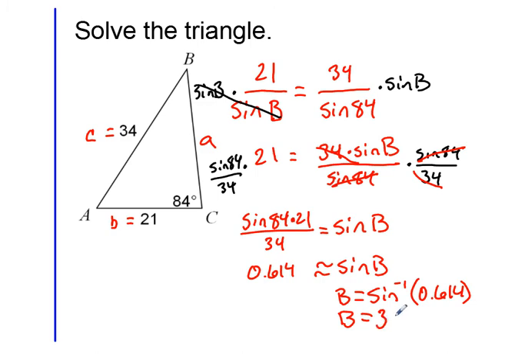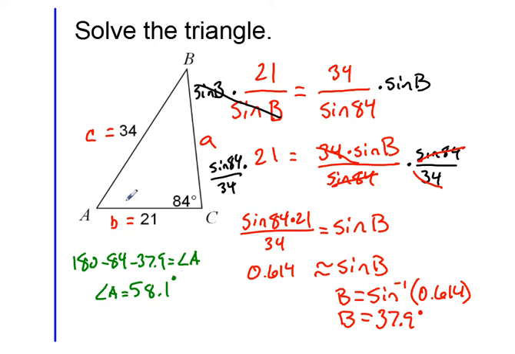I come out with 37.9 degrees. So that's angle B. Now that I know angle B, I can definitely use it and angle C to find angle A. So 180 degrees minus 84 minus 37.9 will give me angle A. So angle A is equal to 58.1 degrees.